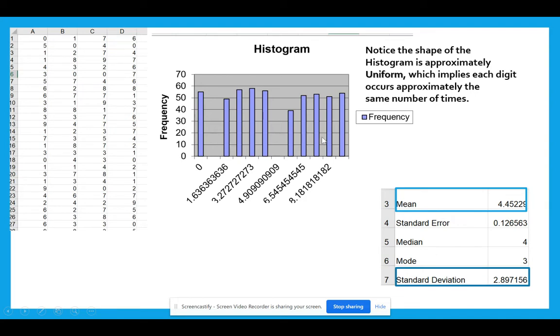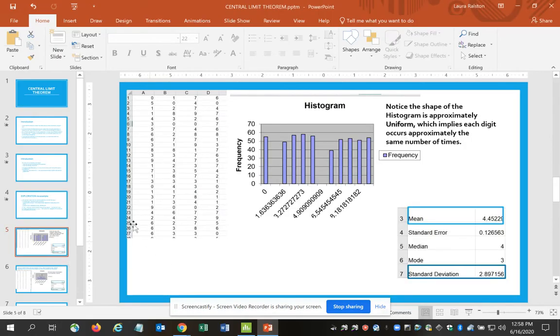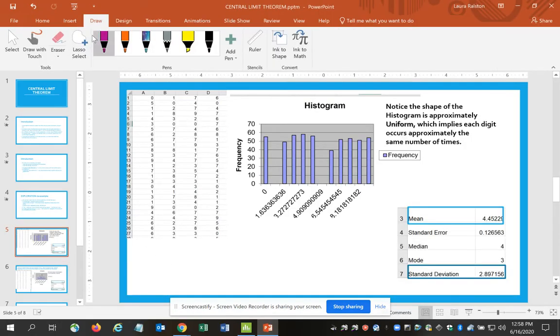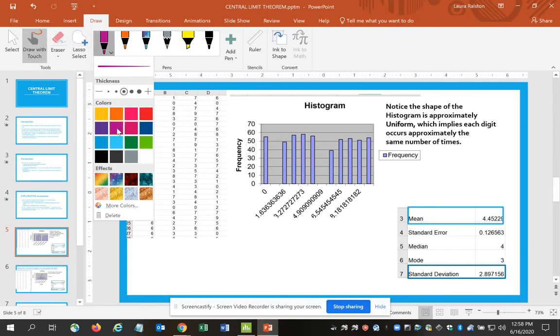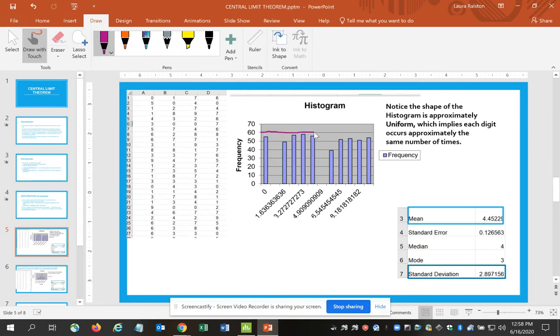Or actually, this is a bar chart. It's not really a histogram. But notice that the shape of this histogram is approximately uniform. If you'll remember, early on when we talked about the different distributions, one of them was uniform, where basically it looks like a rectangle.